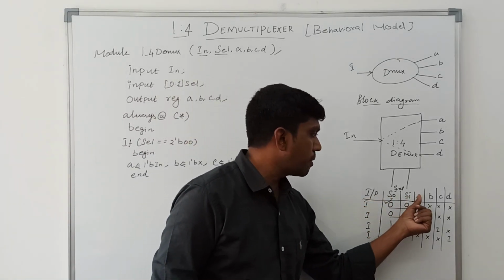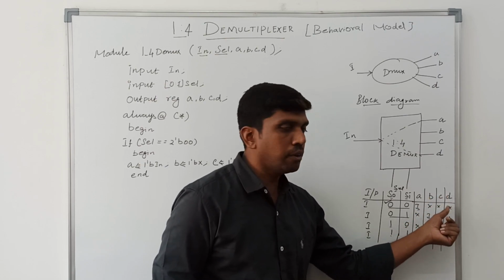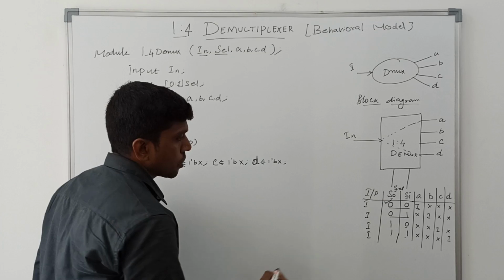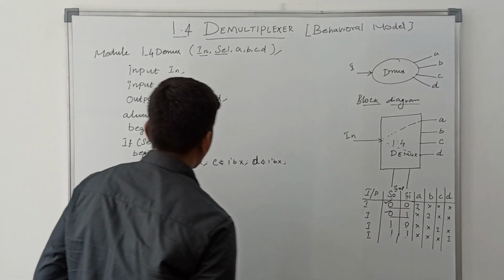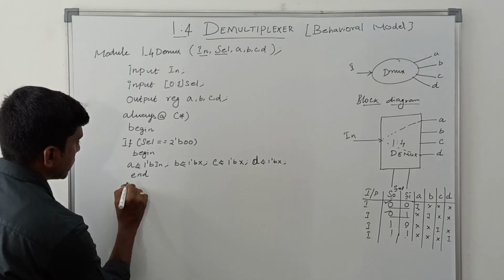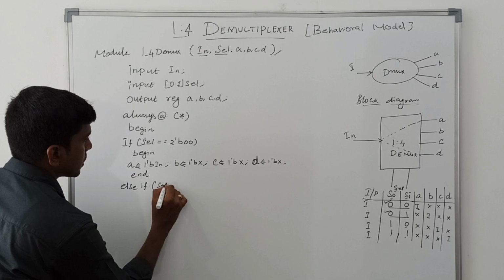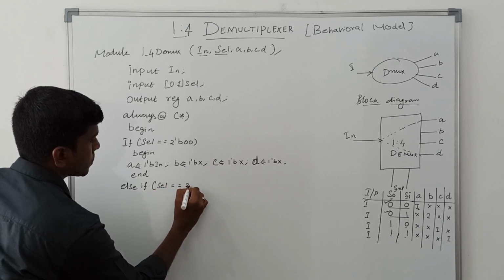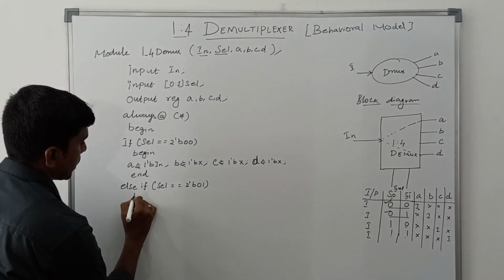In this case, A is connected to the input, B, C and D are don't care. Next we take the second case, S0 value 0, S1 value 1. So else if selection line equal to 2'b01. In this case, begin.